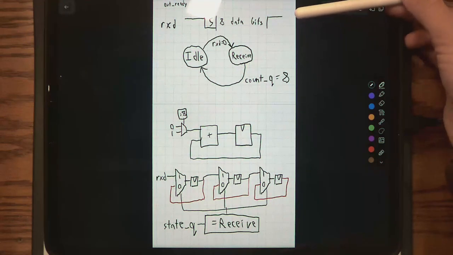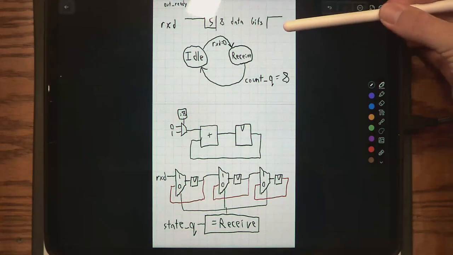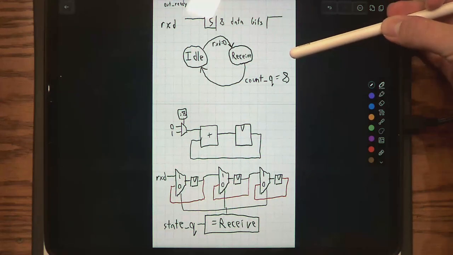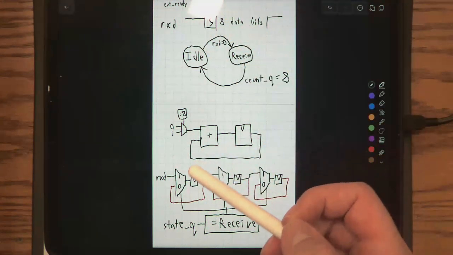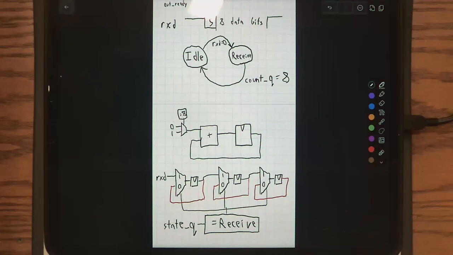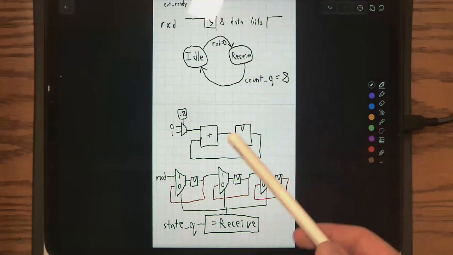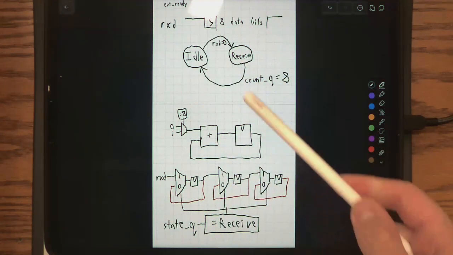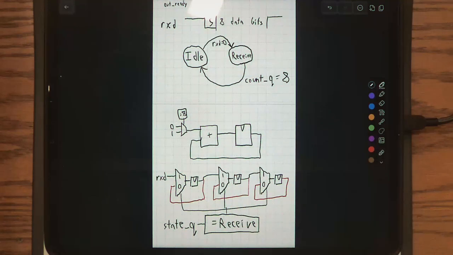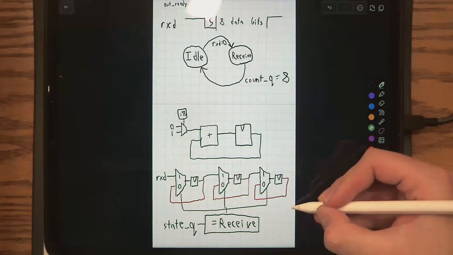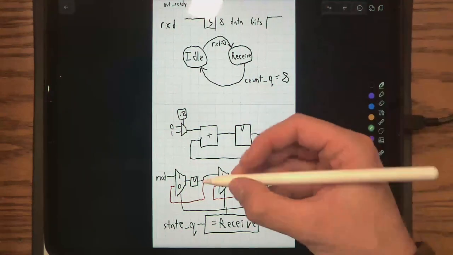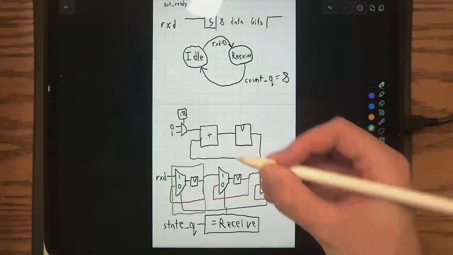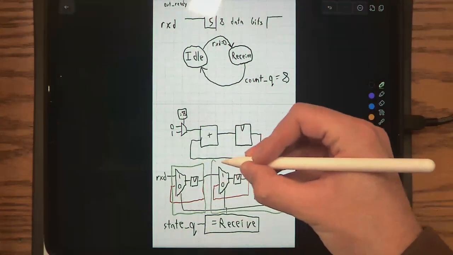Personally, I would not create another state. I would probably just read in the parity bit, and then when I go to output the data, I would output this last register right here as the parity bit, and then I would output this as the data bits.